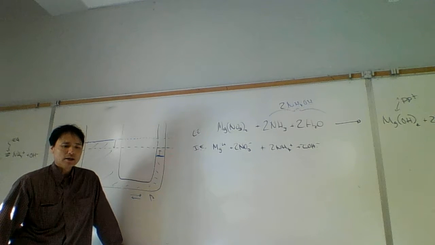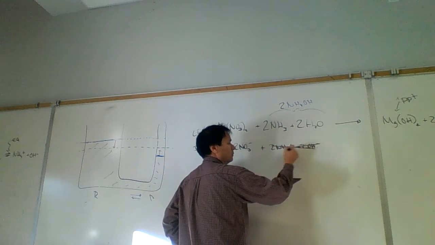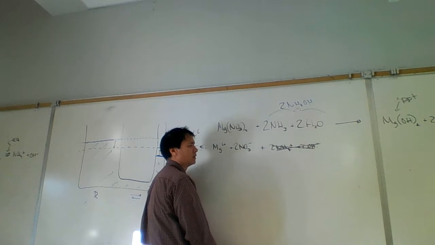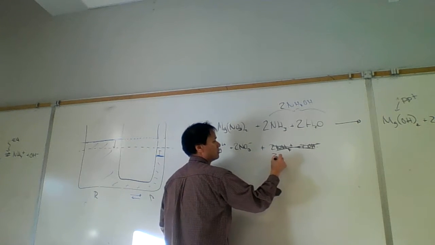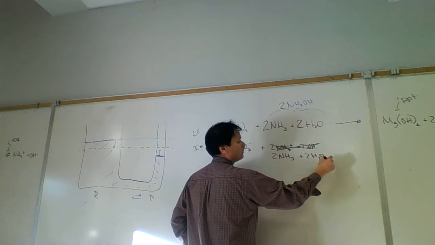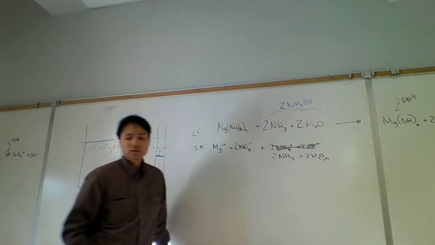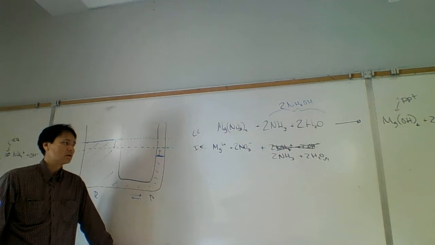You go out and buy ammonia. And so we don't want to get the misimpression that we're going to have that. And so we're going to leave it as 2 ammonias and 2 waters, fully aware that those have to react first before we can get hydroxide to do this.